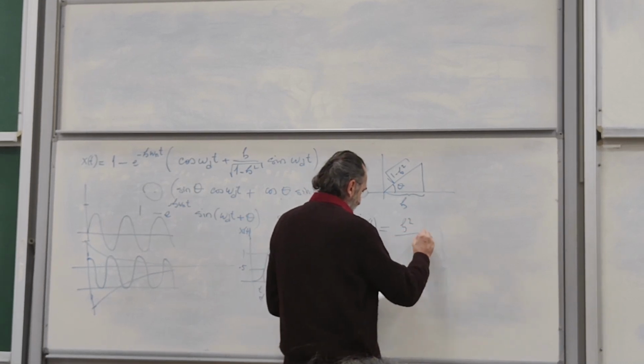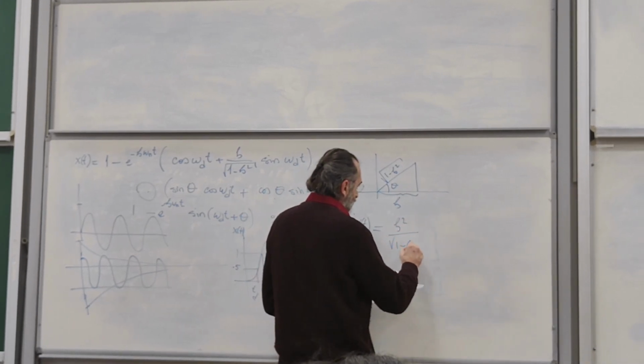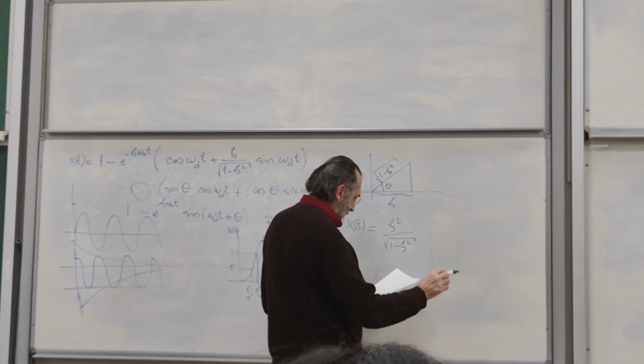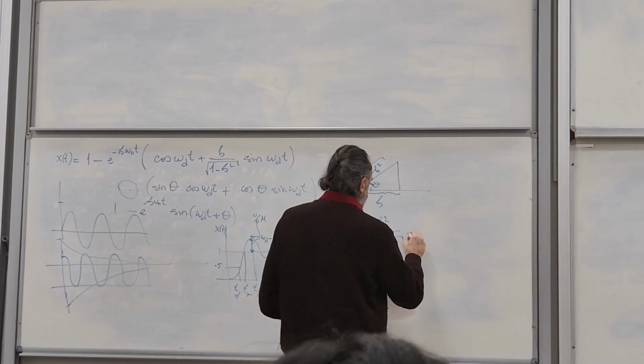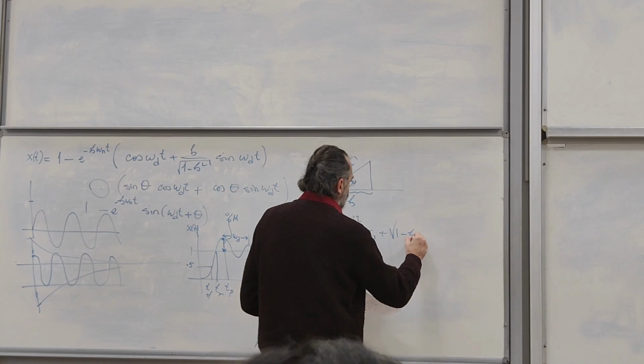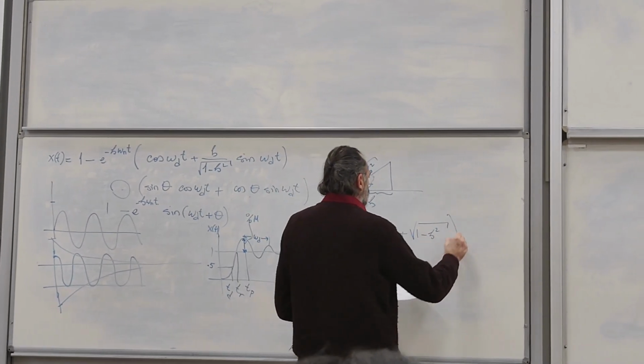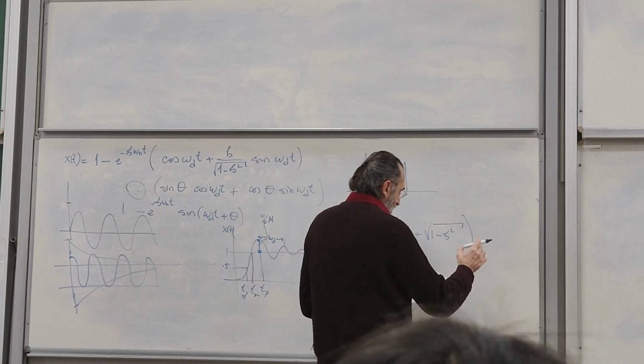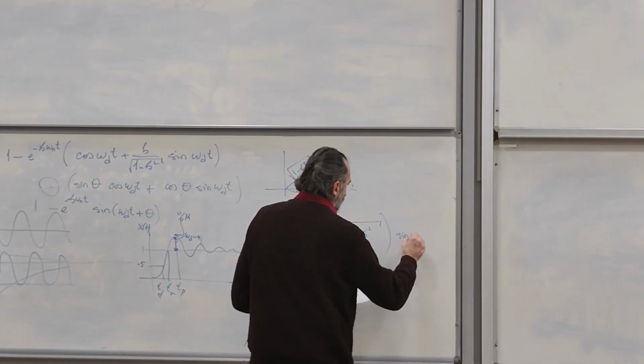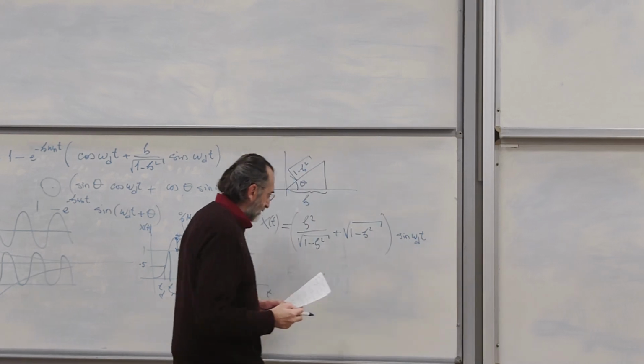Zeta squared divided by 1 minus zeta squared, plus the square root of 1 minus zeta squared, times sine omega t.